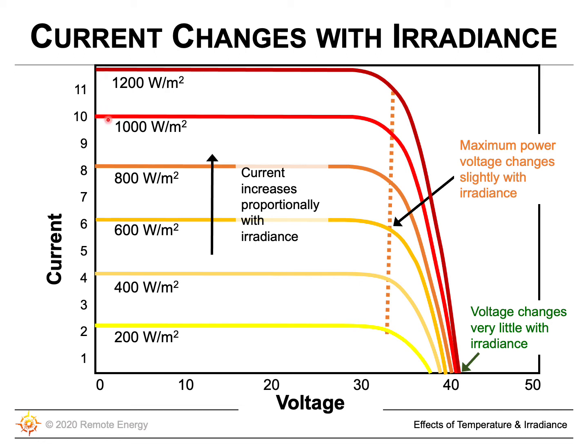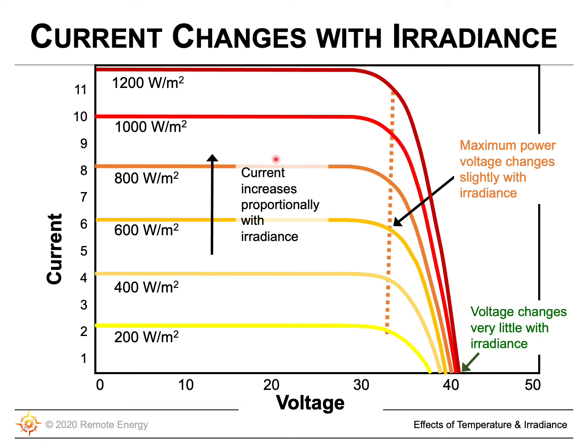If we decrease the sunlight intensity, or the irradiance, down to 800 watts per meter squared, we now see the short circuit current at 8 amps. If we go down to 600 watts per meter squared, we see 6 amps. So we're seeing a relationship here that the current increases proportionally with irradiance.